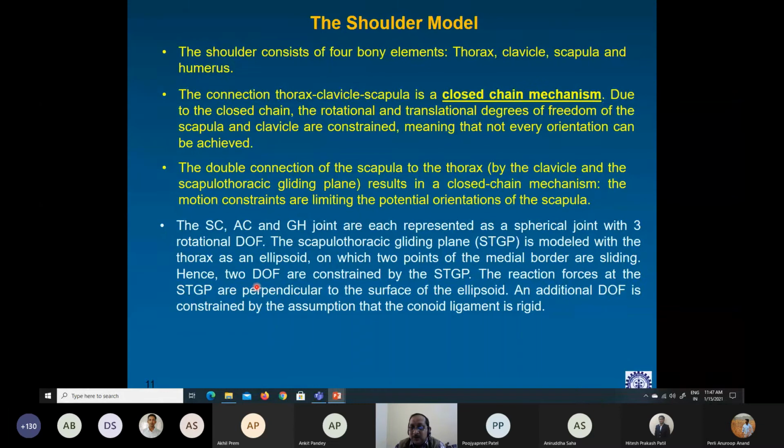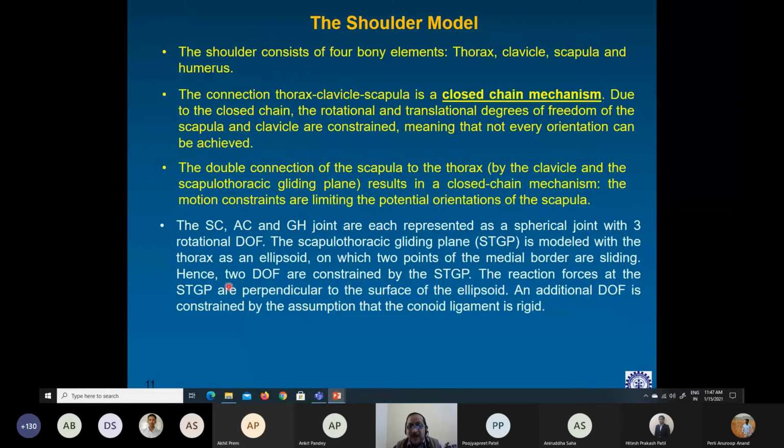So hence, 2 degrees of freedom are constrained by the scapulothoracic gliding plane. So these are free rotations, 3, 3, 3 free rotations. But at these 2 points, 2 degrees of freedom are constrained by the scapulothoracic gliding plane.